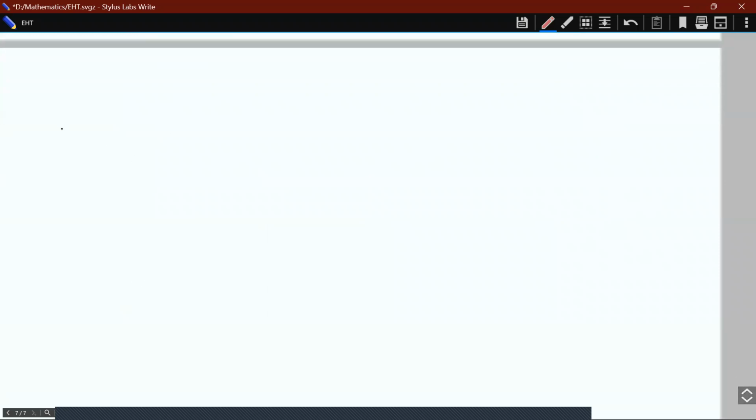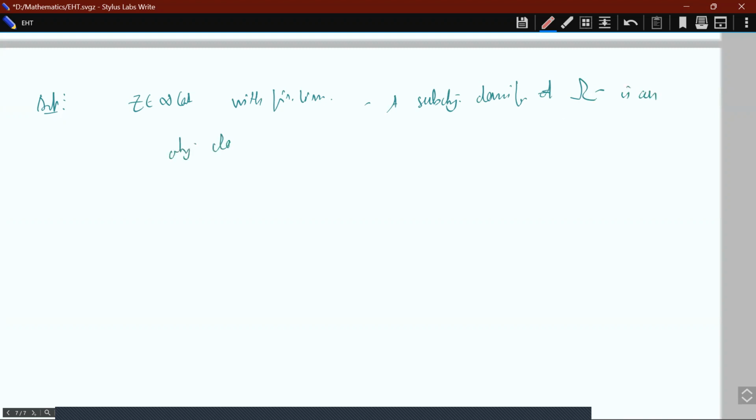Right. Now we are in a position to define a subobject classifier. Again, Z is an infinity category with finite limits. A subobject classifier is an object omega that classifies this embedded category.